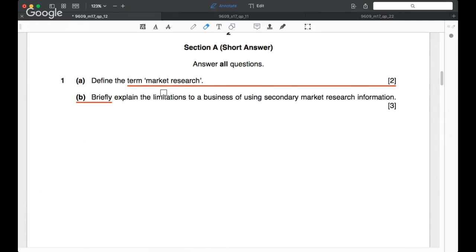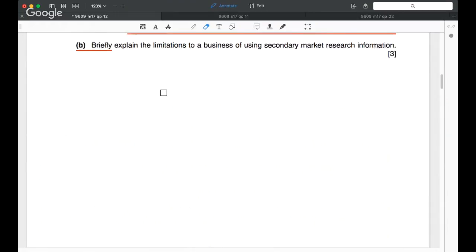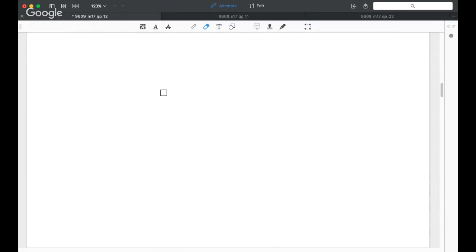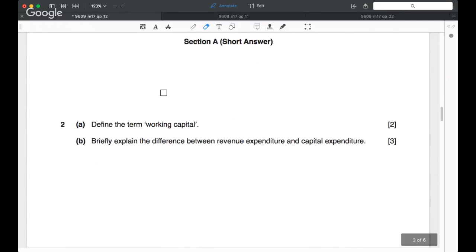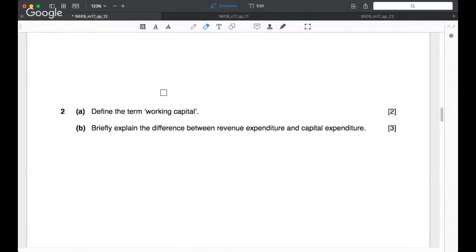Secondary is all about using other people's research that's already been completed, in other words, information that's already available. Primary research is direct and new and is probably going to be more beneficial in as much as it's going to be tailored to your own requirements.